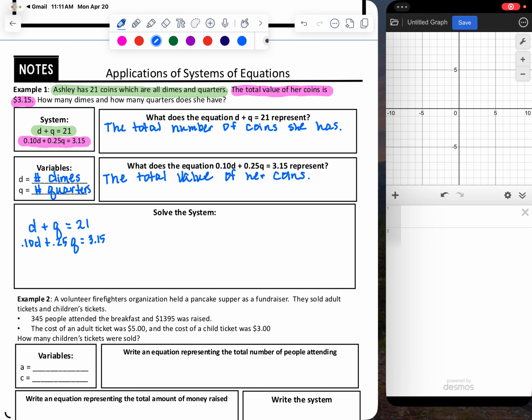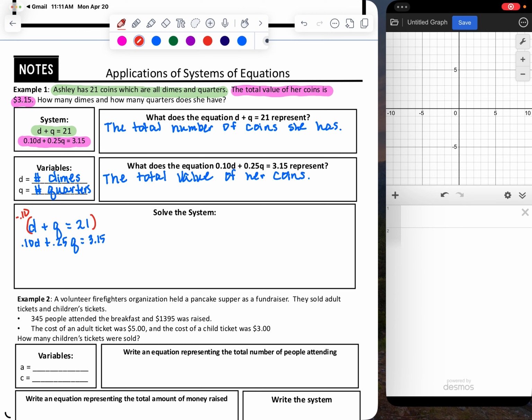And what I can do is, remember, when we're eliminating a variable, we have to have opposites. So I'm going to look at the D's here, and I'm going to make the top one negative 0.10. To do that, I'm going to multiply everything in that top equation by negative 0.10.